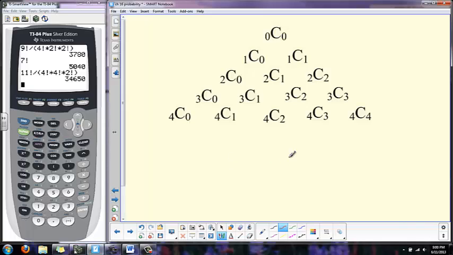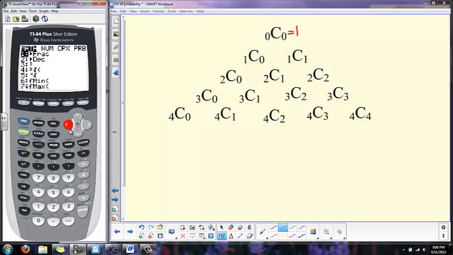That first row, the top of the pyramid that was equal to 1, is actually 0 C 0, or 0 choose 0. You can check that on your calculator: 0 choose 0 is equal to 1. And then the rest of it is 1 choose 0, 1 choose 1, 2 choose 0, 2 choose 1, 2 choose 2. So you can see there's actually a pattern, and if I did all this out, it would be the exact same thing as Pascal's triangle.